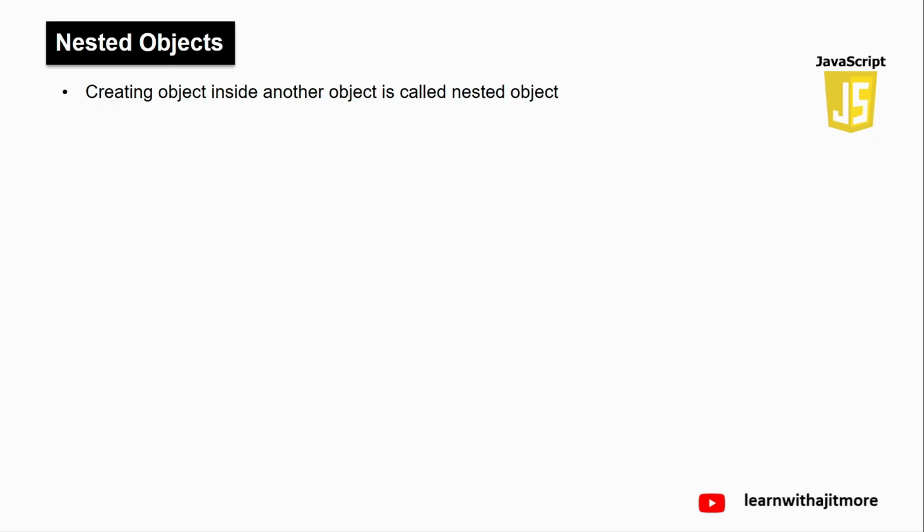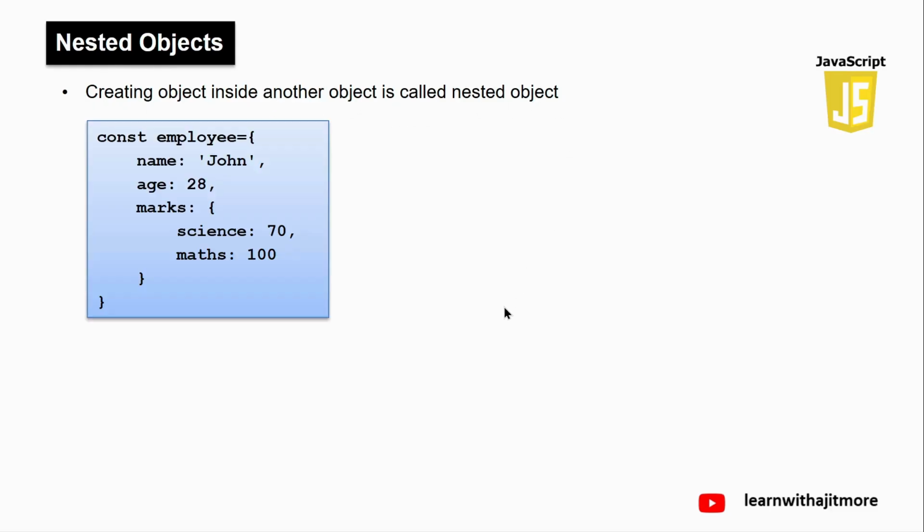There is an object, it has keys, and there is some key whose value is again an object. Understanding? So that will be called a nested object. So creating an object inside another object is called a nested object.